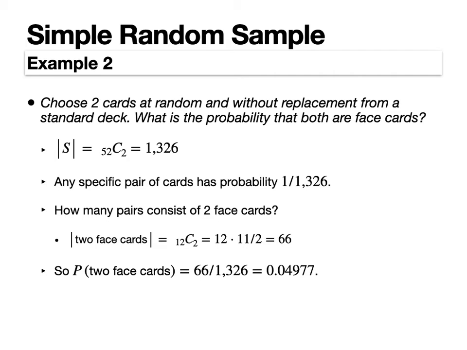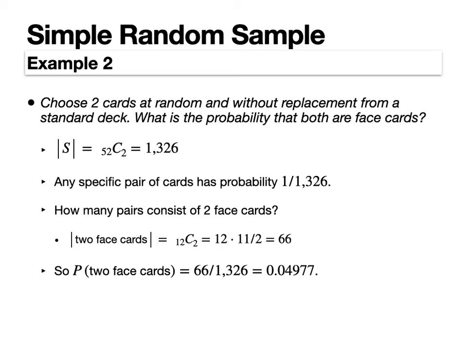How many pairs now are in our event? Our event is the event that both cards are face cards. So how many outcomes are in that? Well, there's 12 face cards in a deck, right? And you need to choose 2 of those face cards out of the 12 possible face cards.